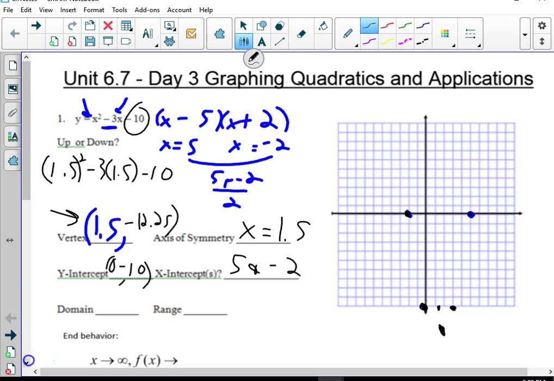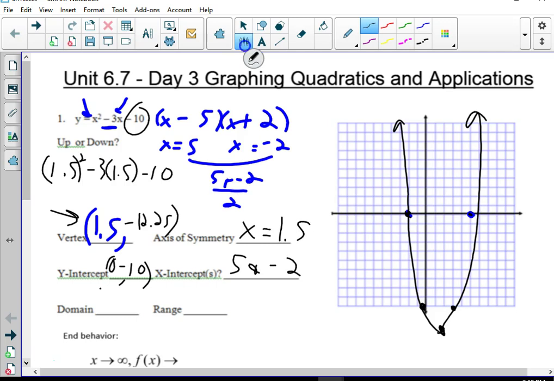So the other little point is right there at 3, negative 10. At that point, you have 5 dots. There's your parabola.